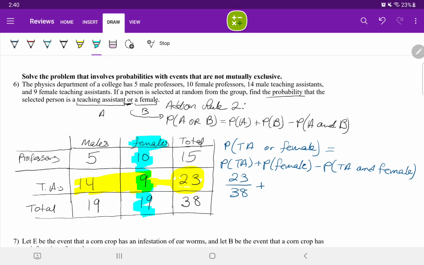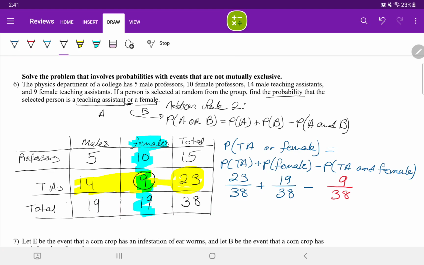That is 19 females in total. So that's going to be 19 over 38. Minus what some people fail to do, the intersection, the probability of teaching assistant and female. How many female teaching assistants? There are a total of 9 female teaching assistants. So 9 out of 38.